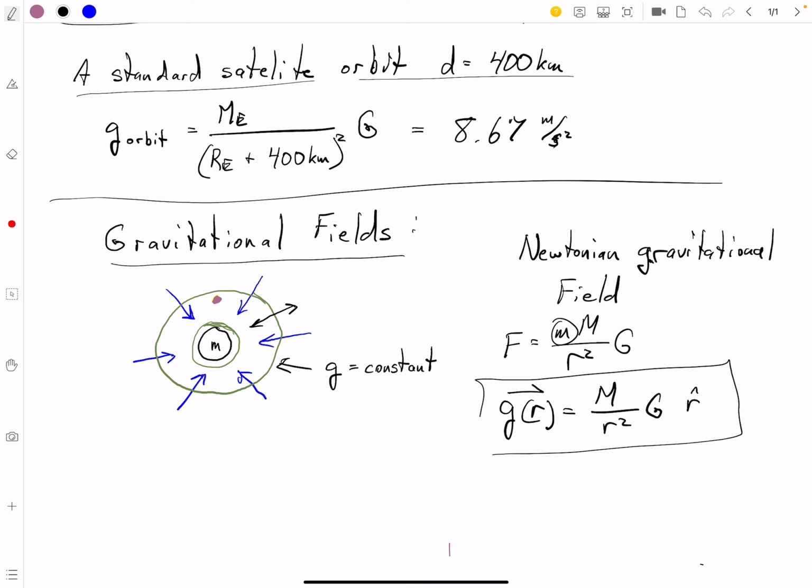Let's just get rid of this, okay? This guy right there is our Newtonian gravitational field, okay? That's it. And all we did was we put a test mass in our gravitational field, and once we do, we have m times g r, okay?